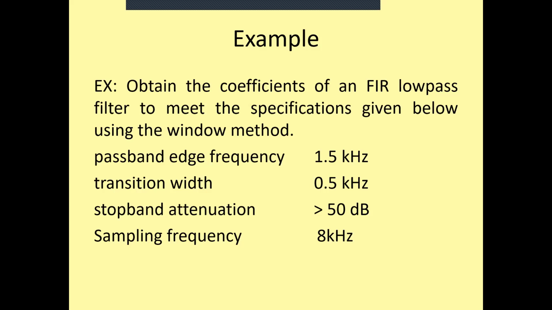And the stop band attenuation must be greater than 50 dB, and the sampling frequency will be 8 kilohertz. Okay, these are the requirements of this example or this problem.